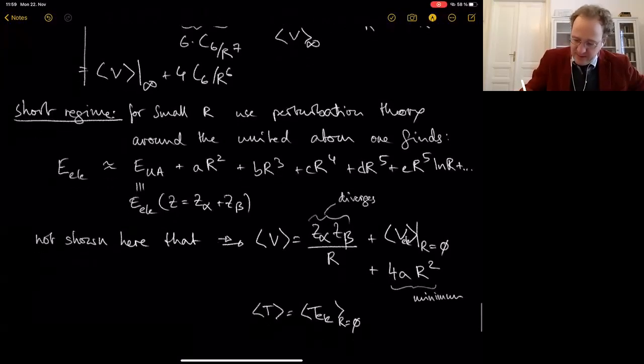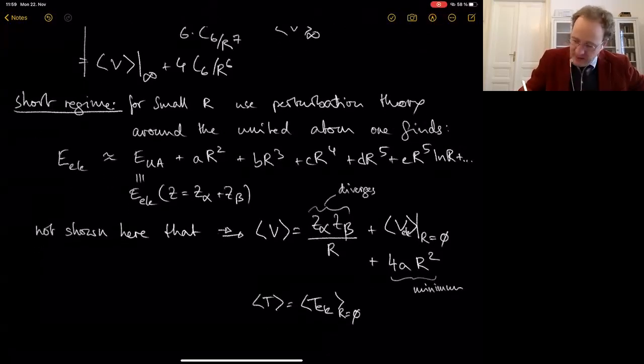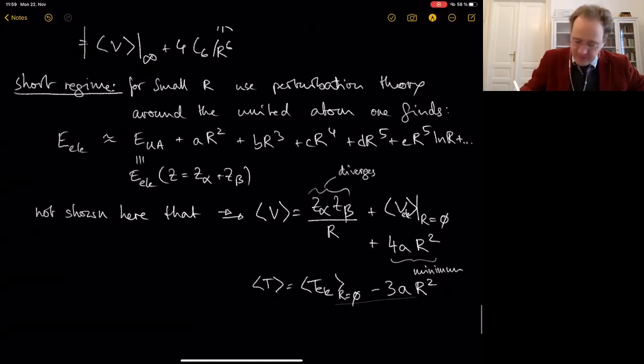That is not divergent, and you add to this a flipped parabola. So this is a maximum. Okay.